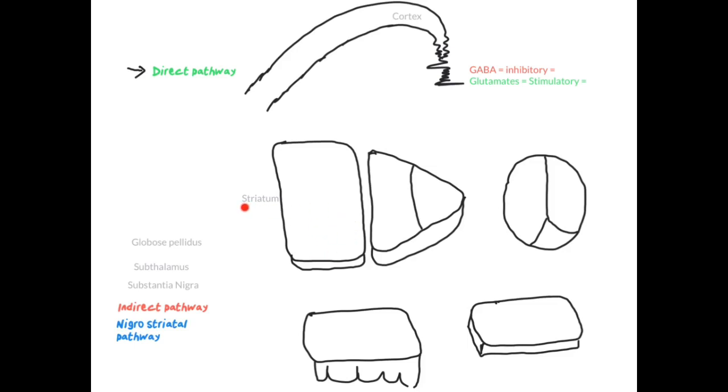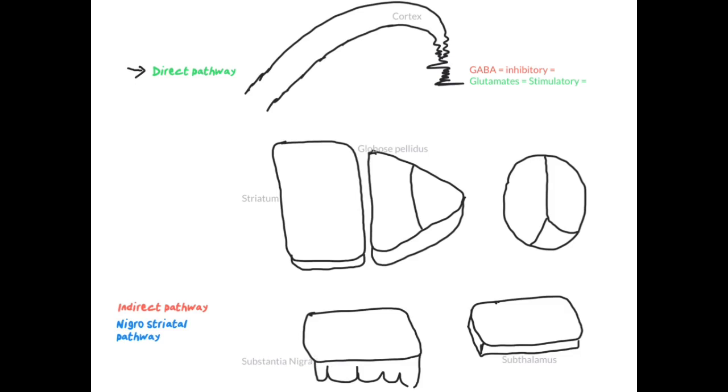Together they make the striatum. And then you have the globus pallidus, which has two parts: one is interna and the other is externa. And then we have the subthalamus, and the substantia nigra.